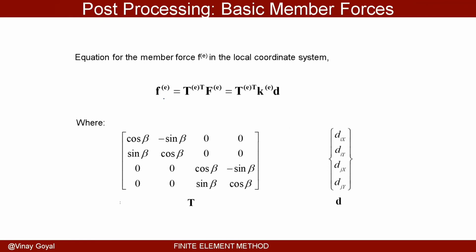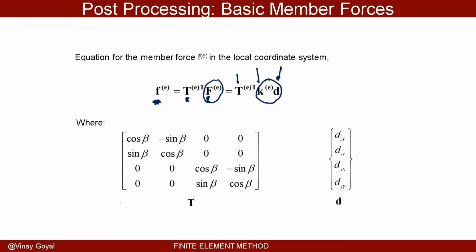So the equation for the member force in the local coordinate system is this. I already covered that before. The force equals that. This is in the local force system. This is a transformation matrix, that's in the global orientation system. But I know that this equals the stiffness times the deflection. And I know the deflections already. And I know the stiffness matrix local to that element, and I know this transformation.